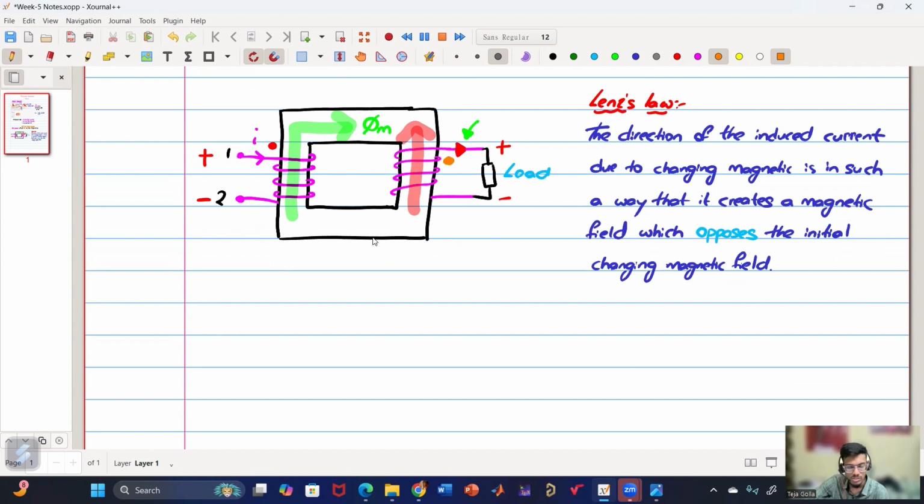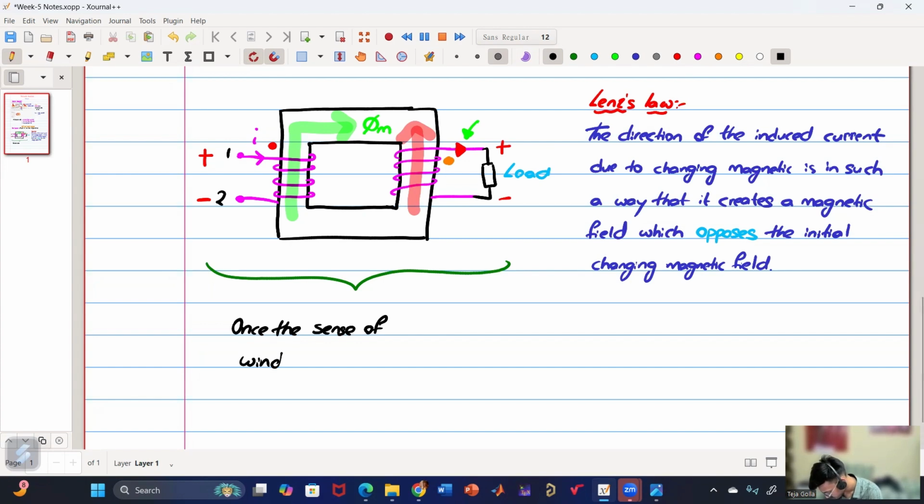And once you know the dot convention, we'll see how it will help in order to solve a problem where there is mutual inductance. So the conclusion is, once the sense of winding is known, the dot convention is known.